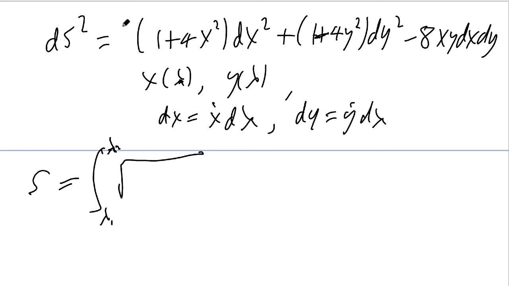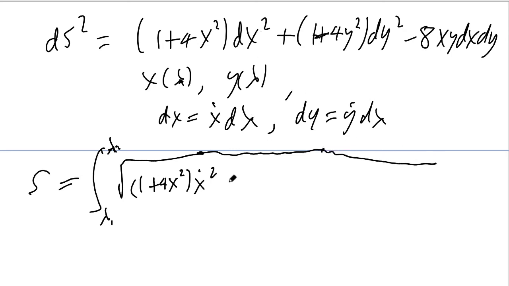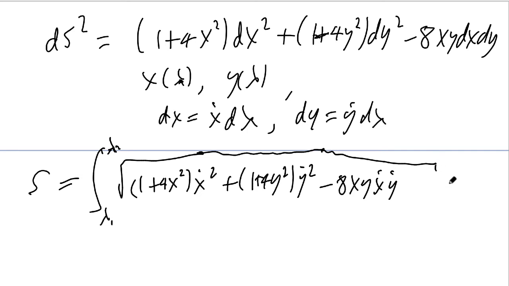All right, this is the integral of the square root of ds squared, so that's (1 plus 4x squared) x dot squared, the x dot squared coming from this dx squared, and I'll factor out the d lambda squared in the end, plus (1 plus 4y squared) y dot squared minus 8xy x dot y dot. And then there's a common factor of d lambda squared in each of these terms, which factored out under the square root is just d lambda.